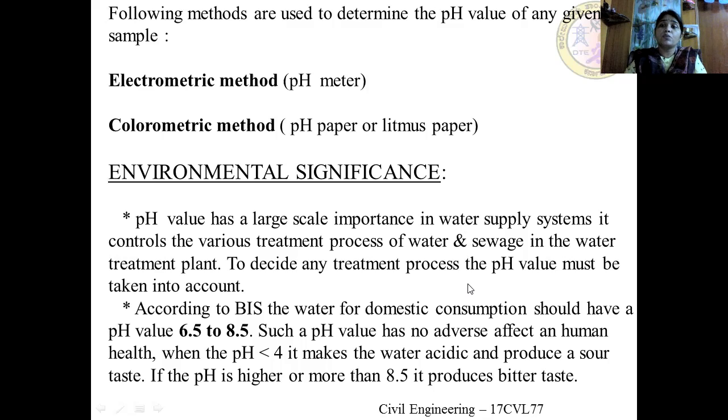Now, whenever the pH value reduces and becomes acidic, the water produces a sour taste. If we consume that water, it will have a sour taste. Similarly, if a given water sample has a high pH value, that is, it is alkaline in nature, and in case we consume that water, then a bitter taste is realized by the palate or the tongue, and we say it is unfit for drinking and domestic use.